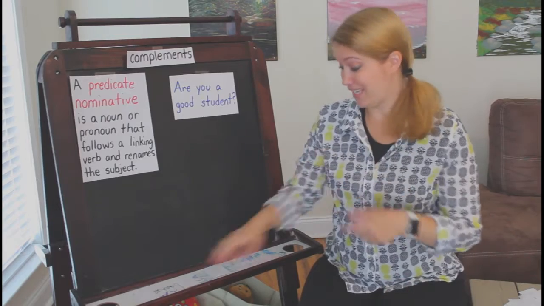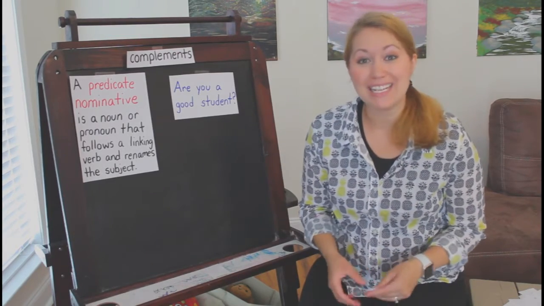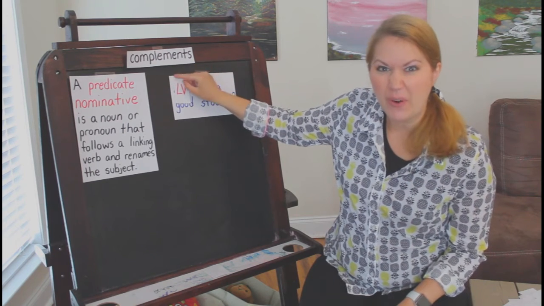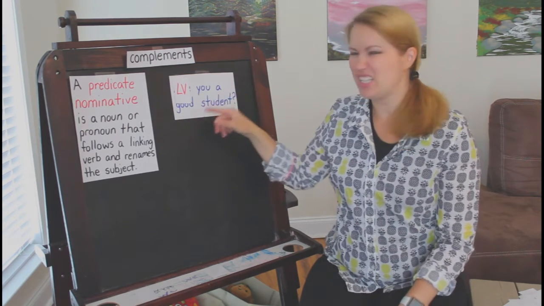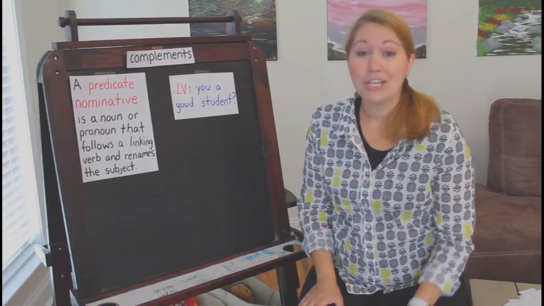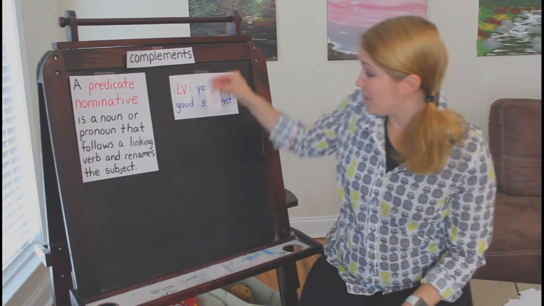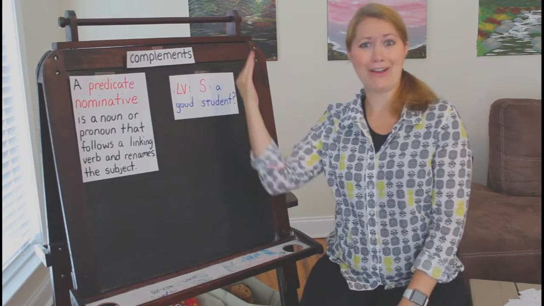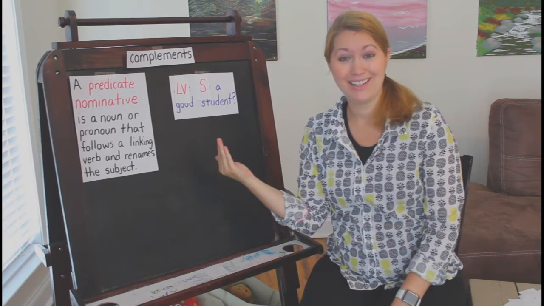We do have a linking verb, but it comes first. Are comes first. Are you a good student? What is your subject? You. Okay, you is the subject. So we've got our verb, then our subject.